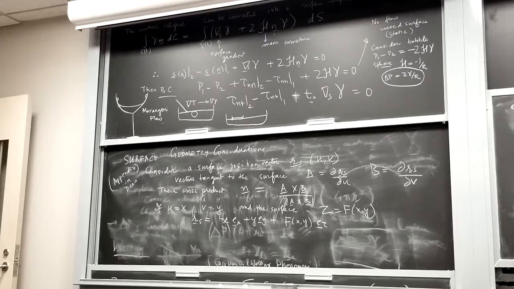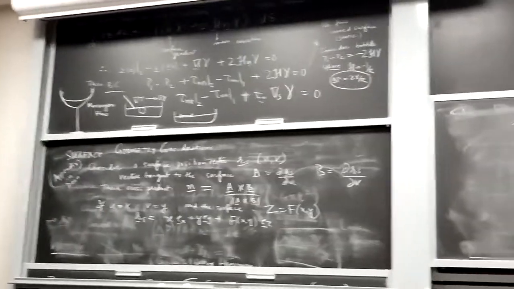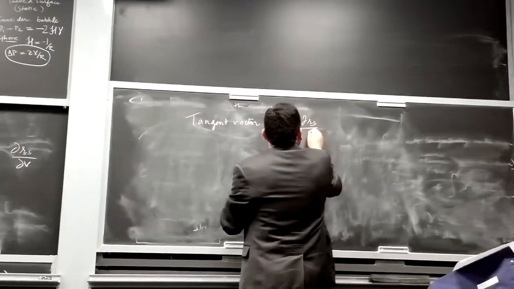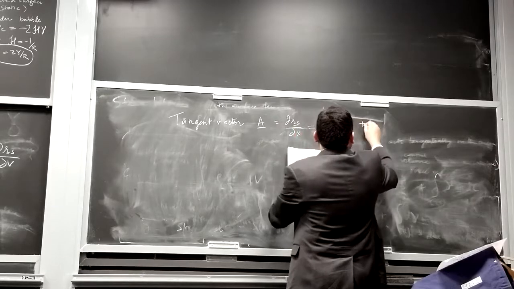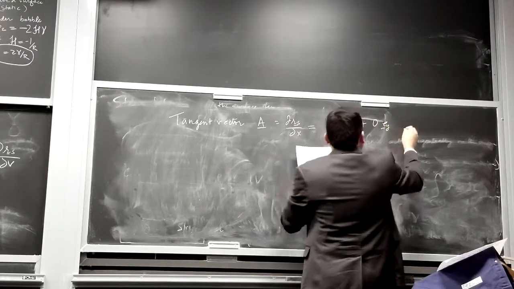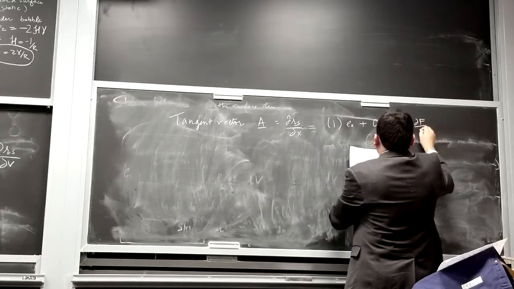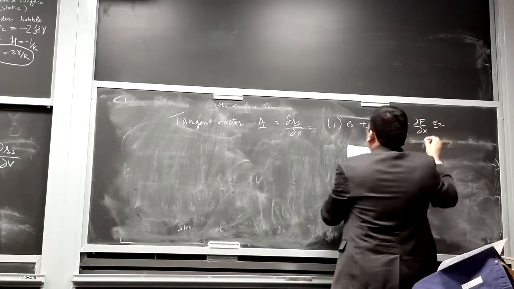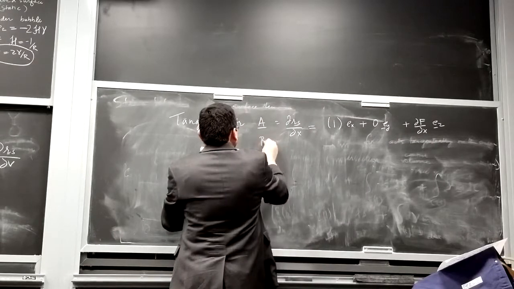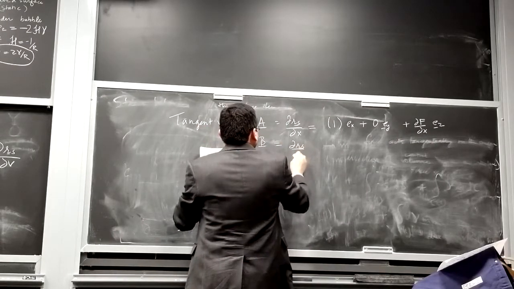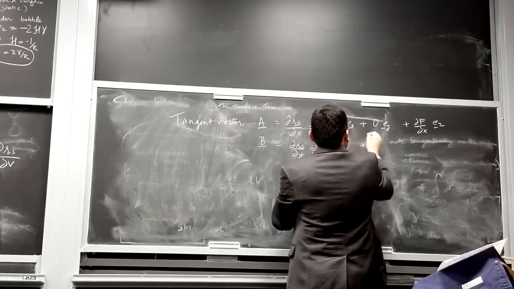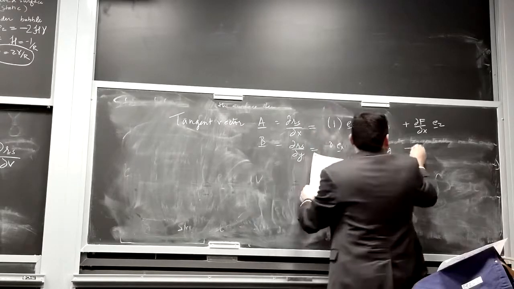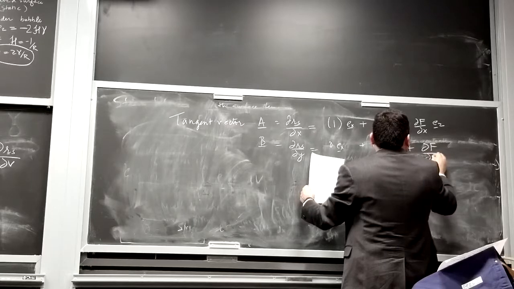So a is going to be the derivative with respect to x. When you do that, you get 1 ex plus 0 ey plus df over dx ez. And the other tangent vector is b, which is dRs over dy, so 0 ex plus 1 ey plus df over dy ez.